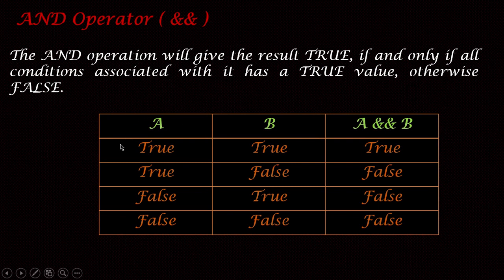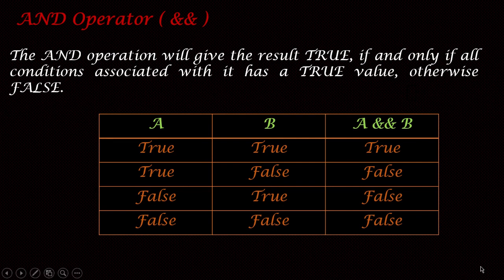First, if we fix the value of condition A as true, then condition B can have two outcomes, either true or false. In the same manner, if we fix the outcome of condition A as false, then condition B can have true value or false value. So these are the four possible outcomes if we consider two conditions at the same time.